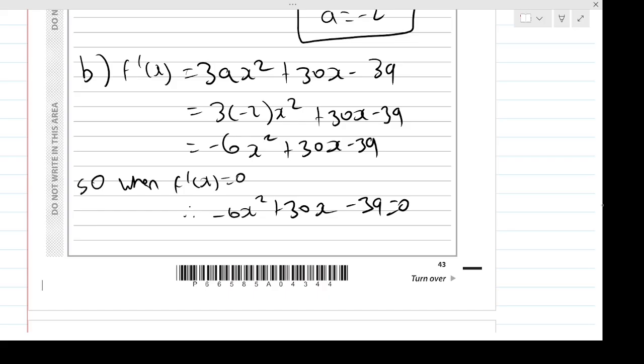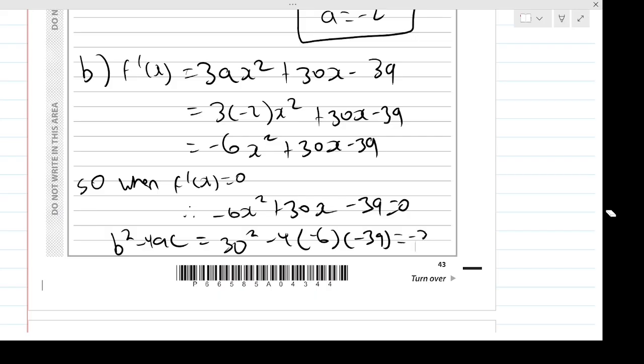We can use the discriminant, right? If we were to calculate the discriminant here, b squared is 30 squared, take away 4 lots of a, which is minus 6, and then minus 39 for c. If we work that expression out, 30 squared minus 4 of minus 6 of minus 39, we get minus 36.